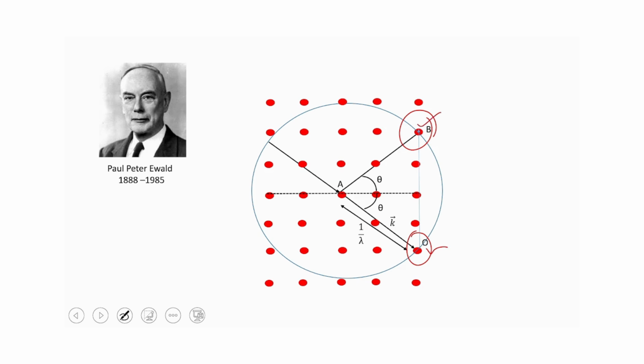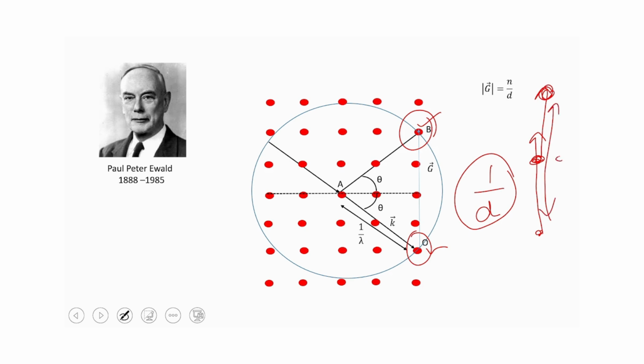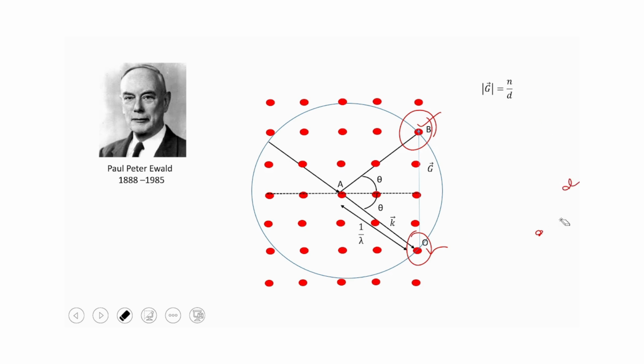And the vector connecting them should be the translation vector, which we denote by vector G. Also, its magnitude should be n multiple of 1 by d, because if you remember, 1 by d was the distance from the origin to the first reciprocal lattice point, and then if we want to go to the second, we will have to multiply it by 2. That means this distance will be 2 by d, and so on.